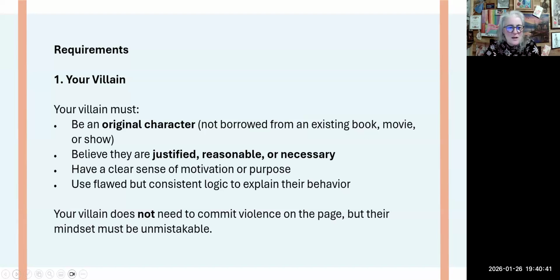So, requirements: your villain must be an original character. They believe they are justified, reasonable, or necessary. They need to have a clear sense of motivation or purpose and use flawed but consistent logic to explain their behavior. Those are traits from Merle's book. Your villain does not need to commit violence on the page, but their mindset must be unmistakable.